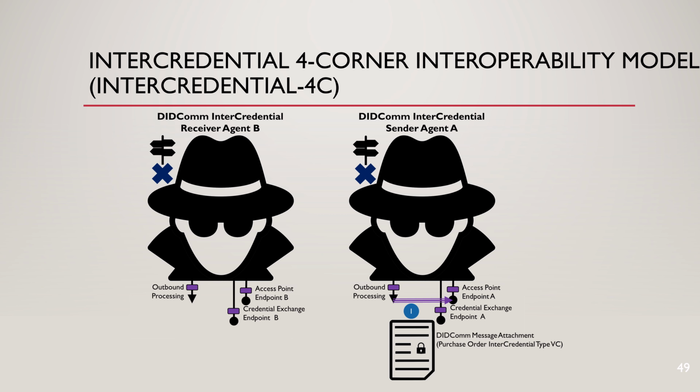So number one there, from the outbound processing from the origin endpoint of the sender agent, it's going to send that VC credential to its access point. And remember the role of an access point, whether it's in the logical composition model or a separate discrete agent, is to transform the previous credential into a new credential type. So in this case, the access endpoint A is going to transform it from a VC to an LD-VC1 because that's part of the agreement with the receiver.